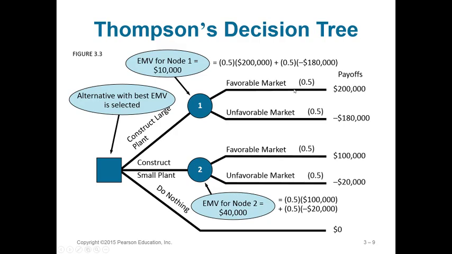Remember the second one, where you had no idea if it's a favorable or unfavorable market, then you gave equal weight to both of those, and the equal weight to the 200,000 and to the 180,000 had an overall average of 10,000 for the expected monetary value for this node right here, whereas you had a 40,000 for this one, and again you had zero value to this one.